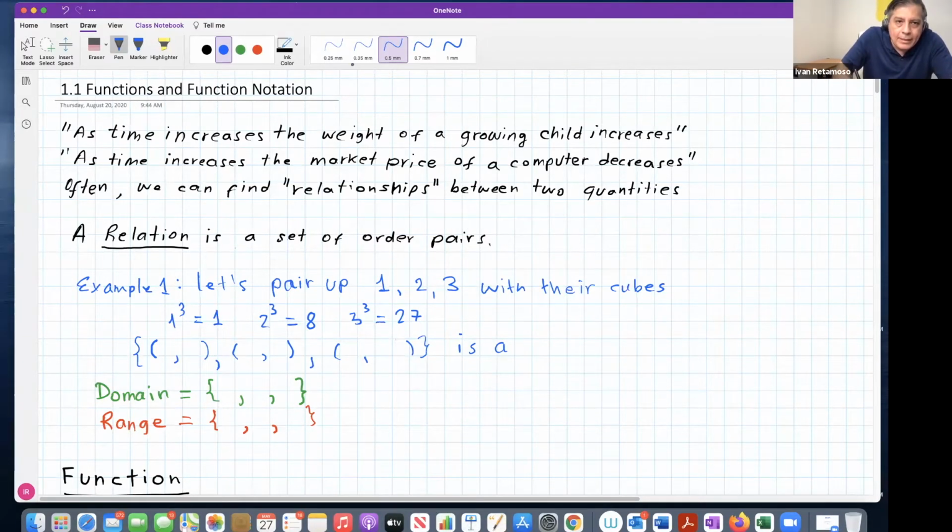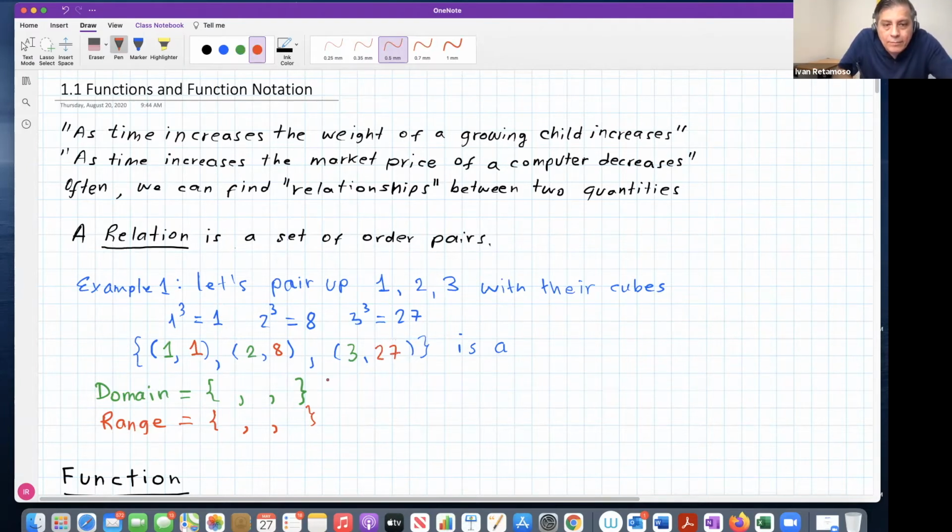I started with 1, and I ended up with 1. So 1 pairs up with 1. 2 pairs up with 8. 3 pairs up with 3 to the third power, 27.